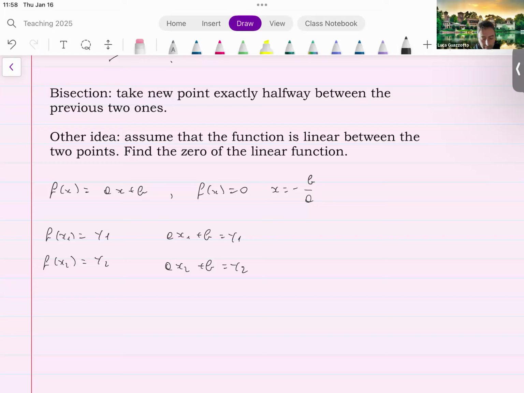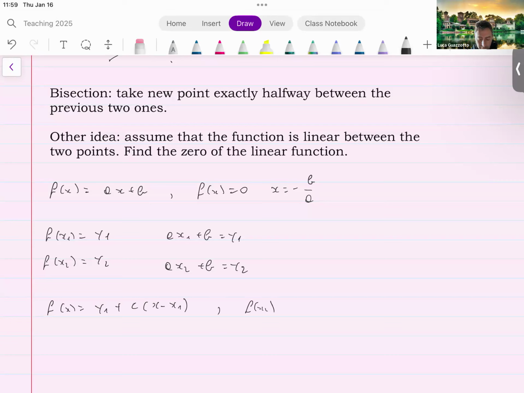So one way I can do it is to say that f of x is equal to y1 plus some coefficient c times x minus x1. So for x equal to x1, that gives me y1.